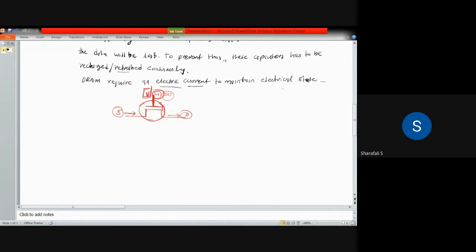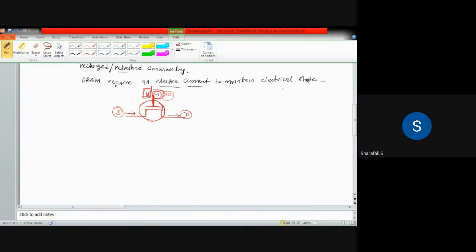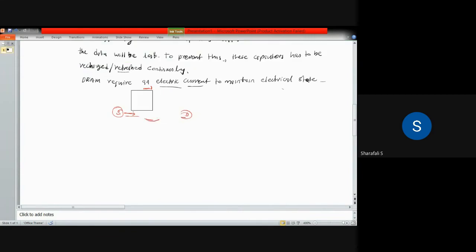To make a memory cell, this is a transistor, and you have to connect the drain terminal to the capacitor. So let's consider that. This is the basic operation of this transistor.